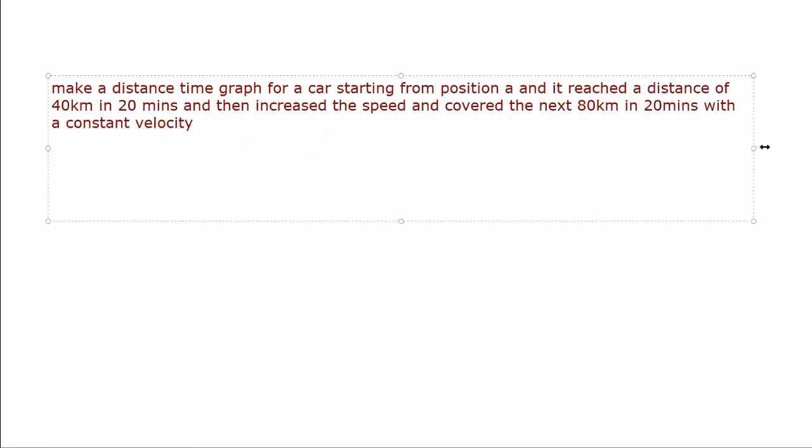Here is the statement for the question, and let's see how we can make the displacement time graph or the distance time graph for this statement.